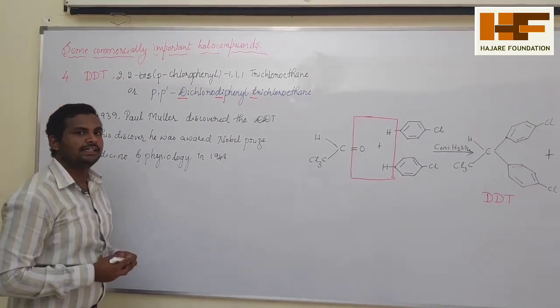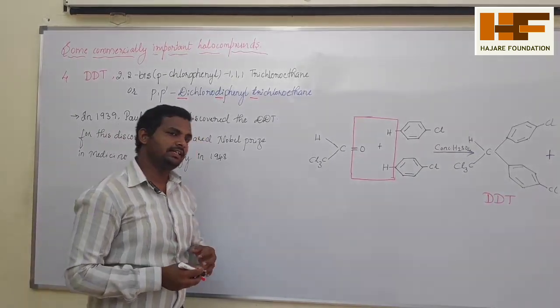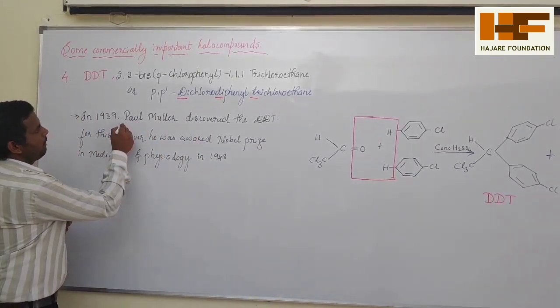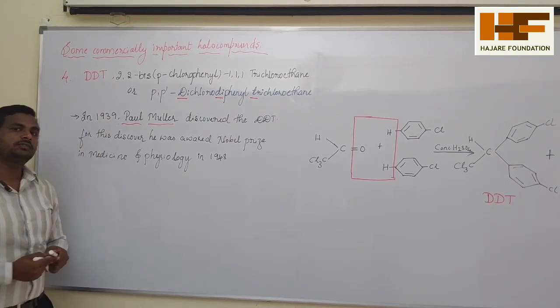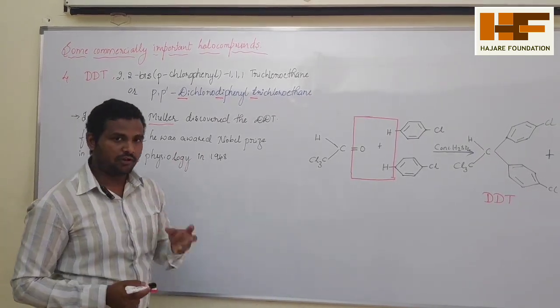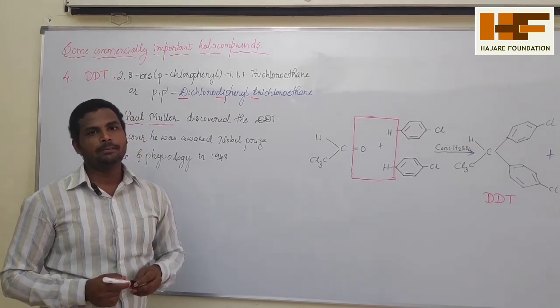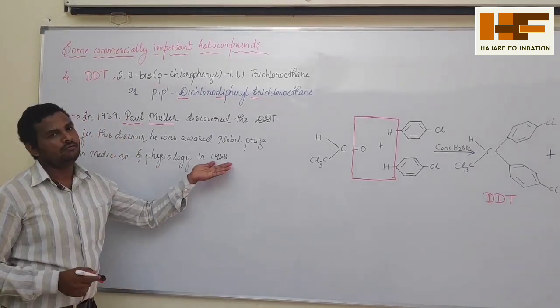This compound was discovered by the scientist Paul Muller in 1939. It is one of the good discoveries, and for that he also got the Nobel Prize in 1948.